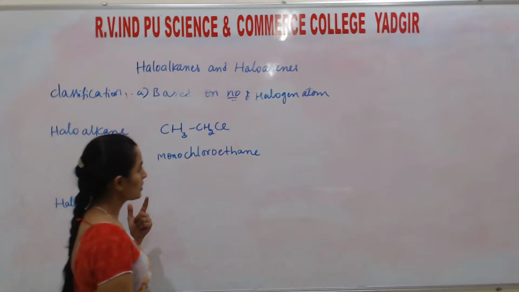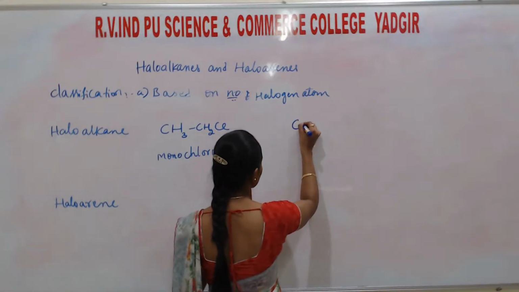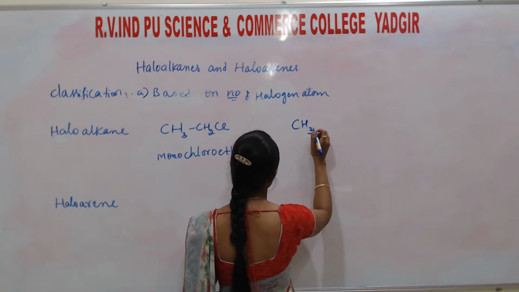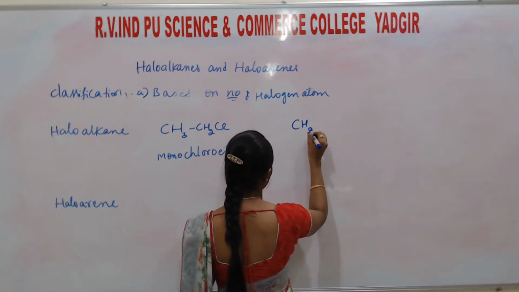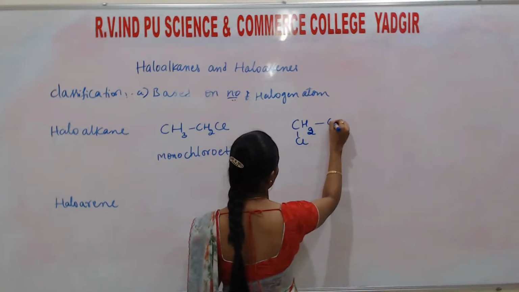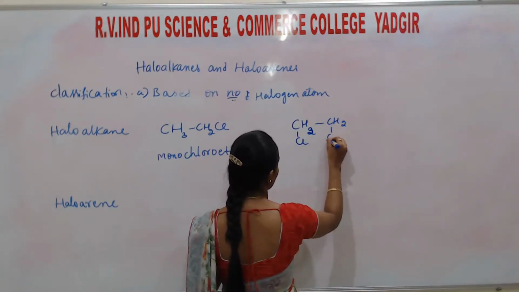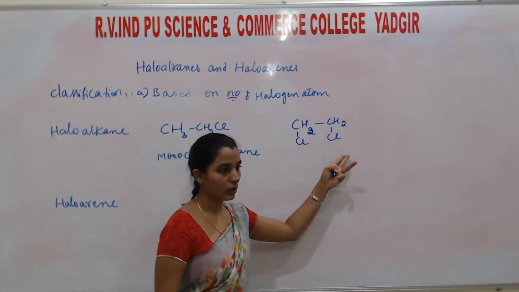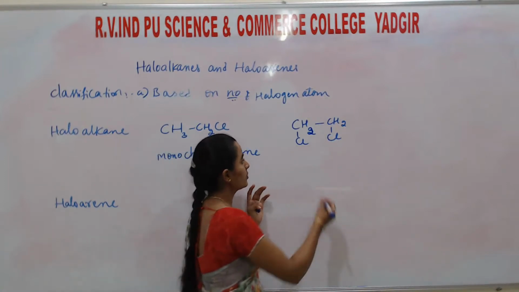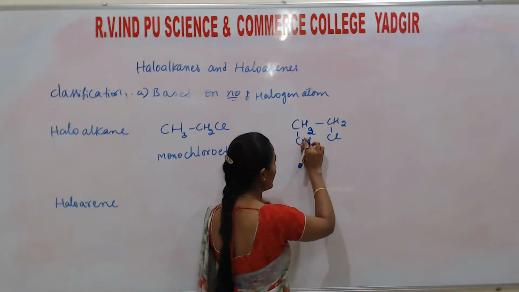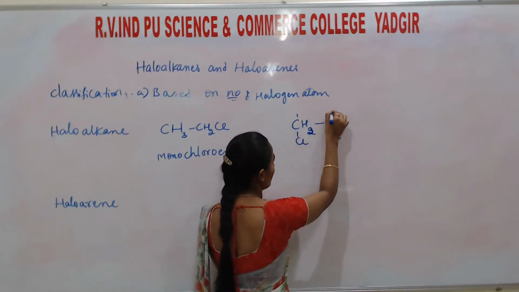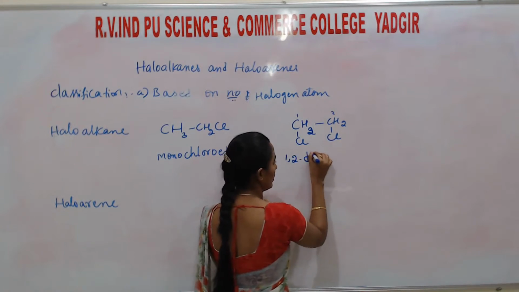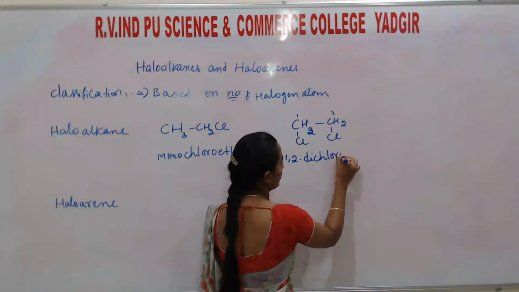Okay. So instead of that you take CH2Cl, CH2Cl. Here two chlorine atoms are there, at which position? Instead of Cl, you may take Br also. At the 1, 2 positions, you take 1,2-dichloroethane.